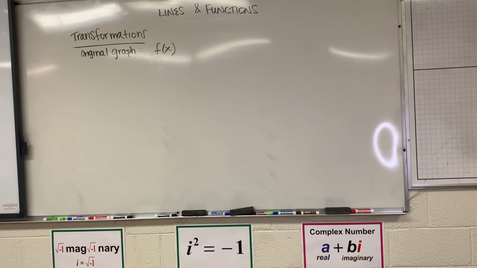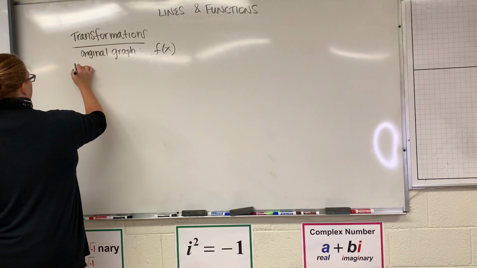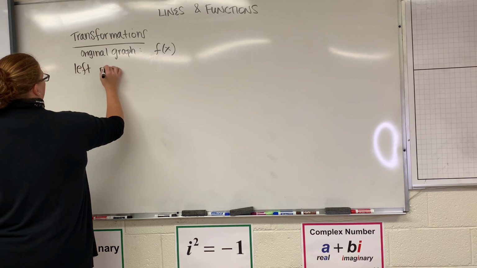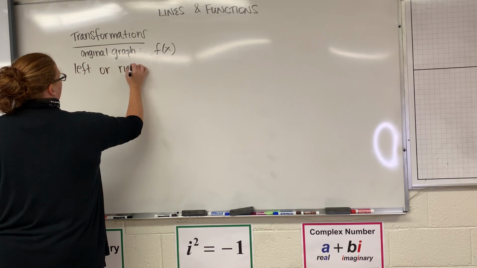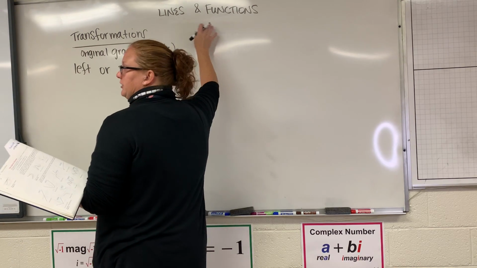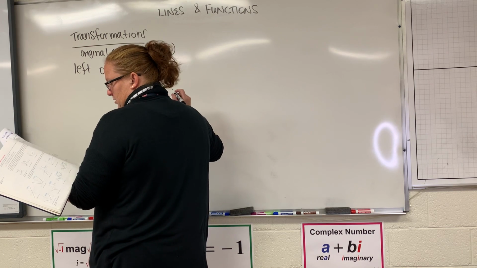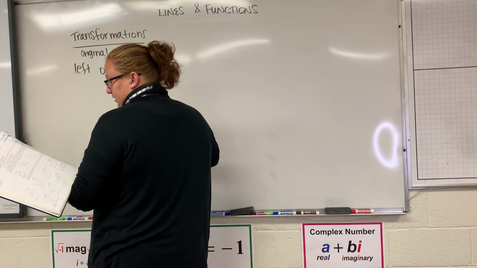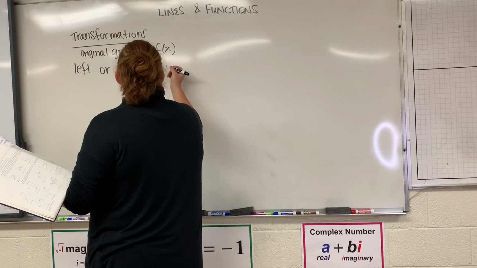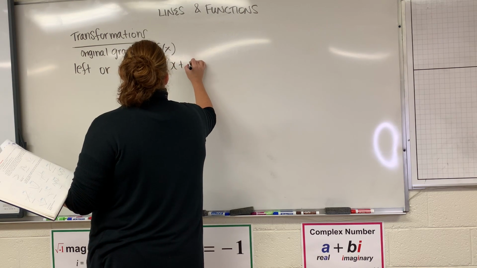Okay? So, what you can tell with transformations just right off, what's happening, is if we move left or right, okay, in my class, we talk about the transformation equation. You guys know I've seen that here, but anyways, let me finish up. Okay, so left is opposite of what we think.